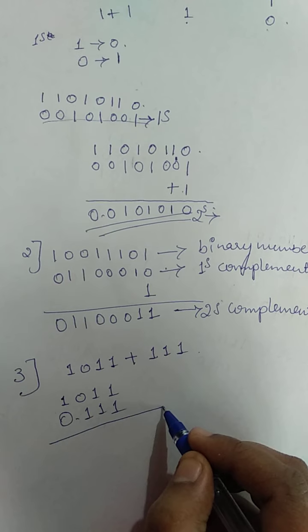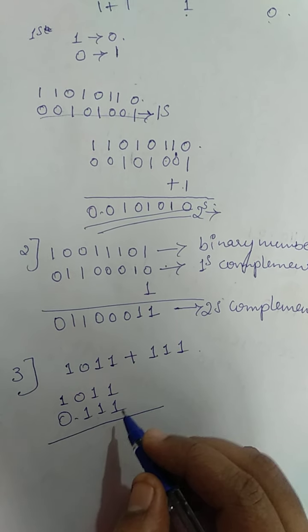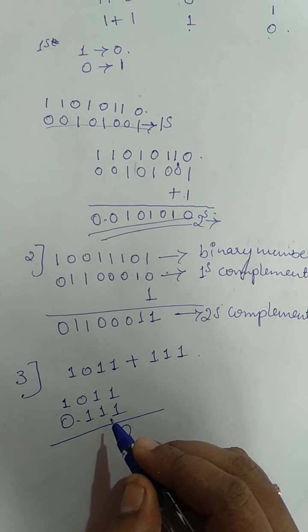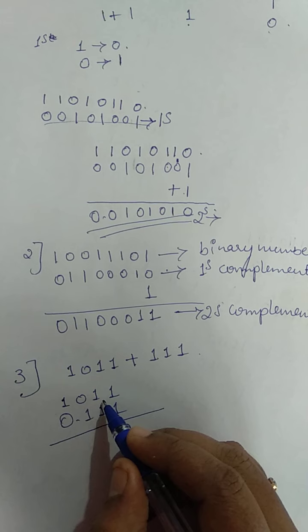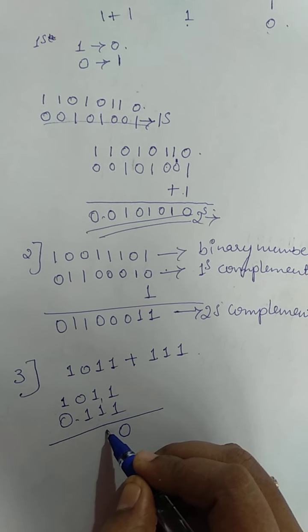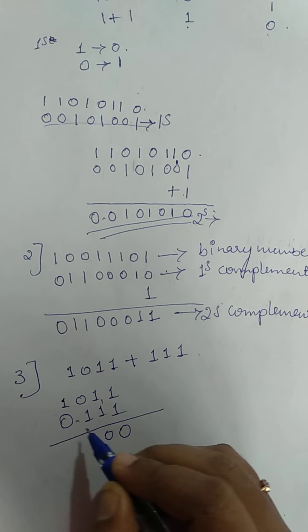So 1 plus 1, carry is 1, sum will be 0. Then again 1 plus 1, the carry will come here. 1 plus 1, the carry will be 1, sum will be 0.